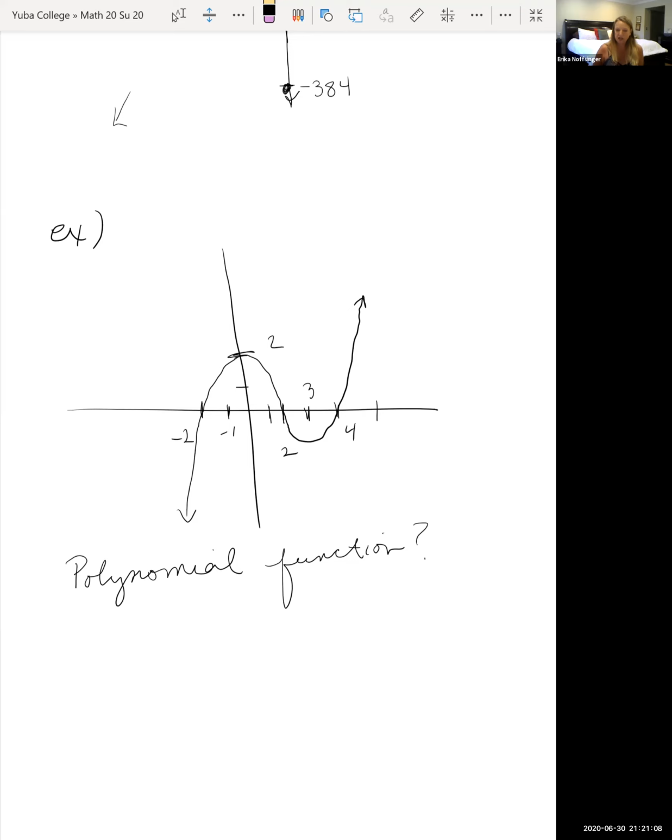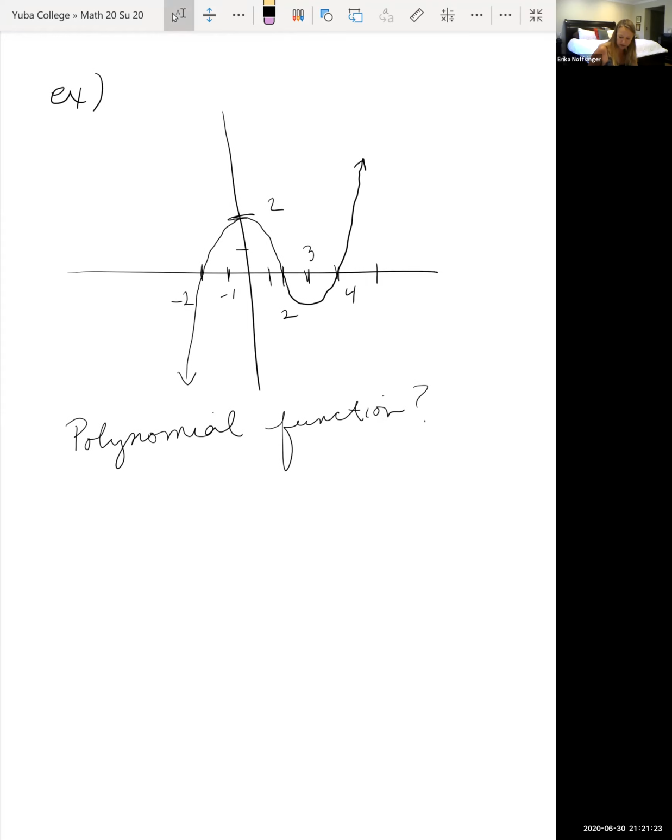Looking at a graph, as long as it's smooth, there's no sharp corners, we're good. And there's no jumps, we're good. And there's no vertical asymptotes, which actually cause jumps. And so this could be a polynomial.